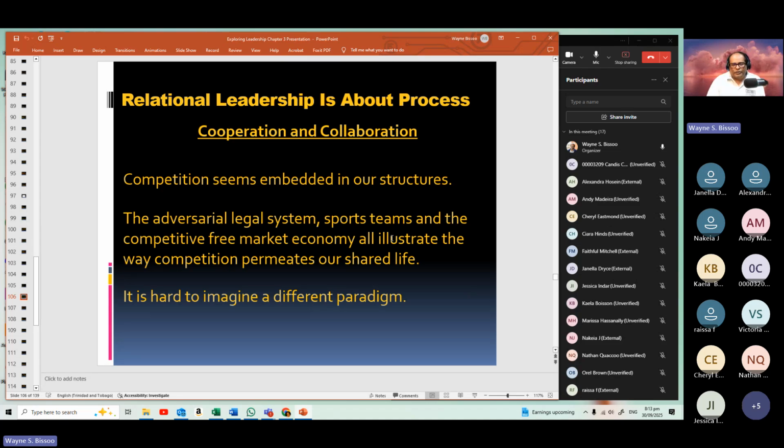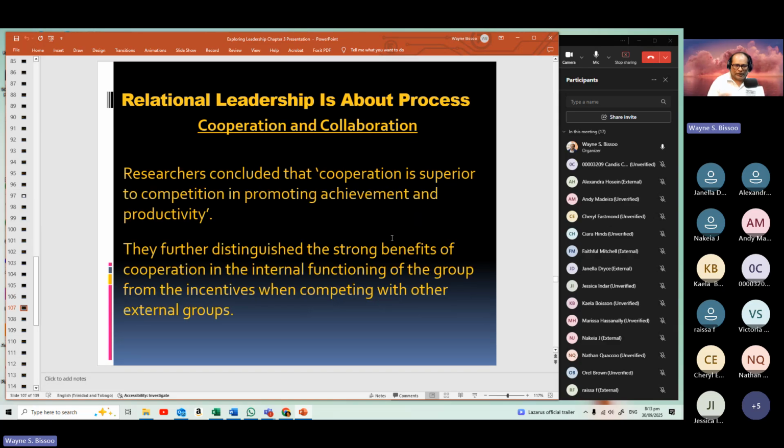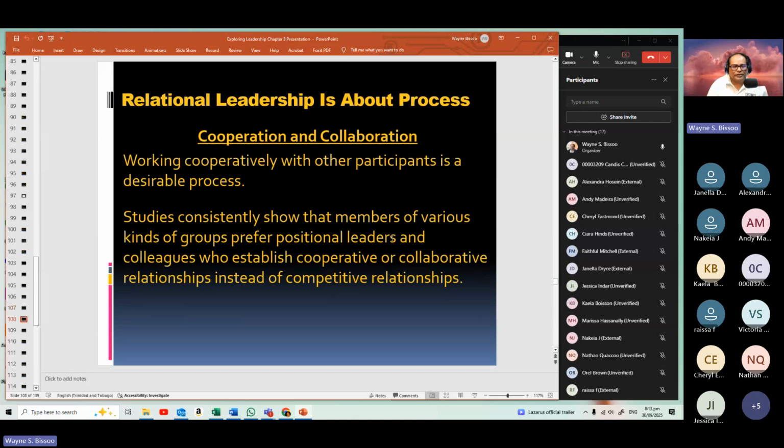Collaboration, cooperation. One of the things that you would realize as leaders is that competitive systems that tend to naturally attach themselves to the way in which our departments are organized have no bearing on the operations of leadership. Leadership is one that should be conducted in an environment of cooperation and collaboration.